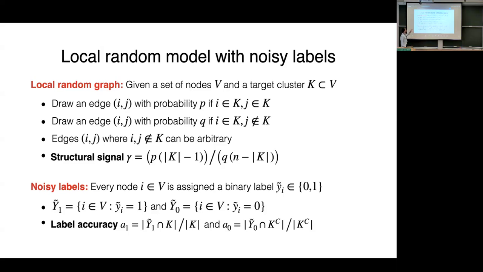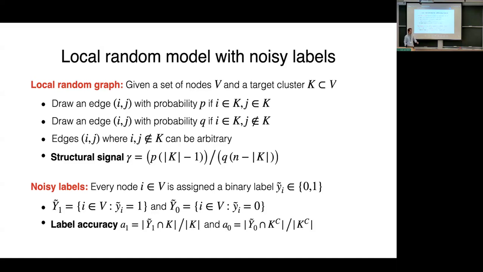The structural signal is some measure of how good or how tightly connected this target cluster is. For a given target node, a node that is in the target cluster, it is nothing more than the average ratio of neighboring nodes that are inside the target cluster divided by the ones that are outside.